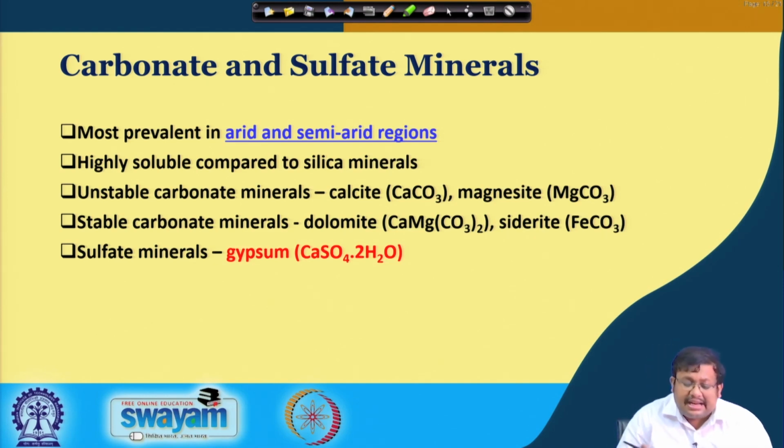Unstable carbonate minerals are calcite as well as magnesite, and stable carbonate minerals are dolomite and siderite, where dolomite is calcium magnesium carbonate, whereas siderite is iron carbonate. As far as sulfate minerals are concerned, the most important one is gypsum, which is calcium sulfate dihydrate. So, these are some of the important carbonate and sulfate minerals present in the soil.